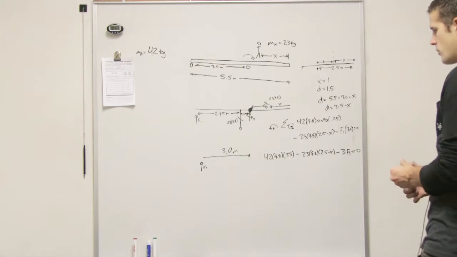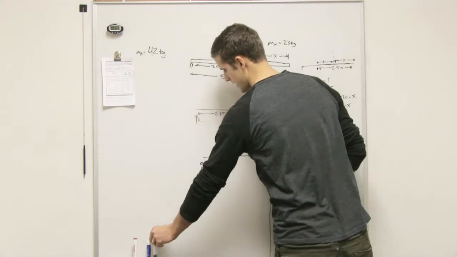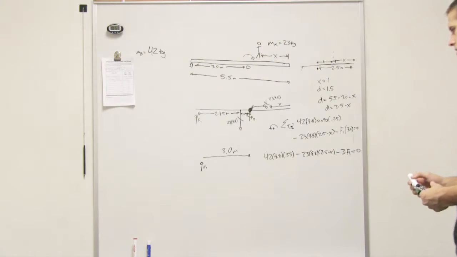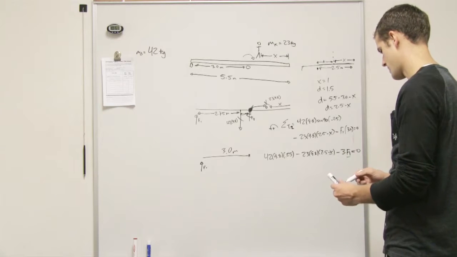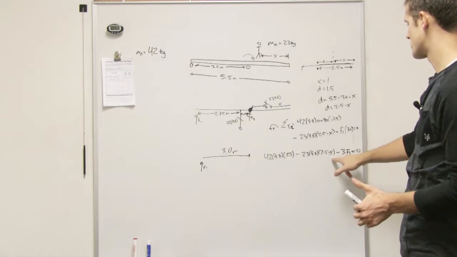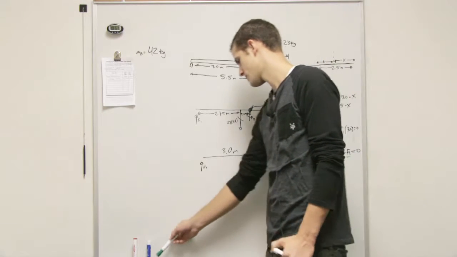So we have one equation, but how many unknowns do we have in this equation? 2. Yeah, so we don't know x or F1. X is what we're solving for, so we want to try to get rid of F1 somehow.